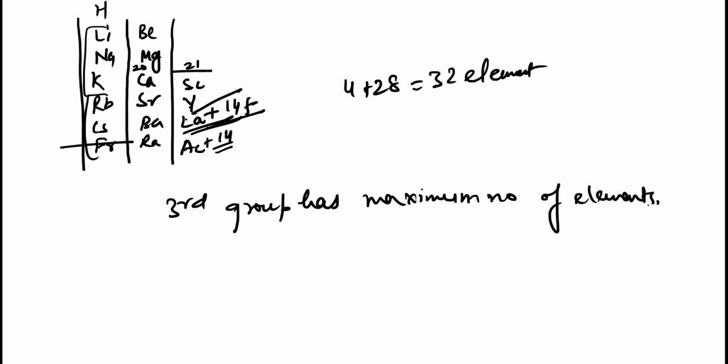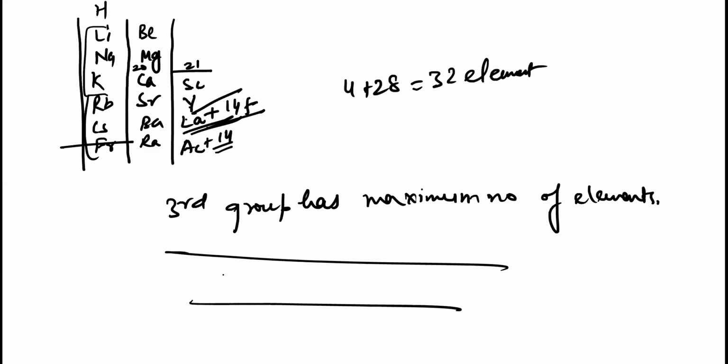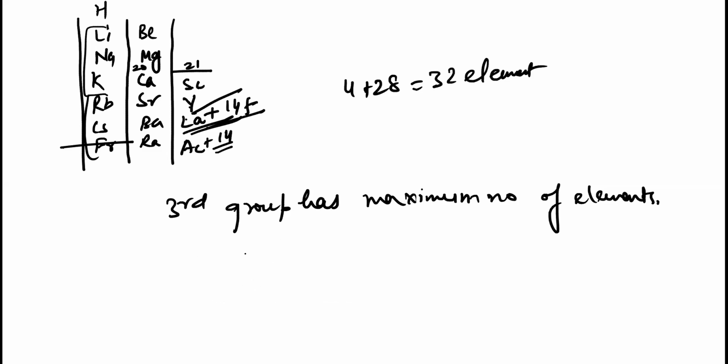If you place them in the table, elements that have the same chemical property should lie in the same group. So in order to maintain their same group, and to minimize the size of the periodic table, we place them in two separate lines. Got it? Yes.